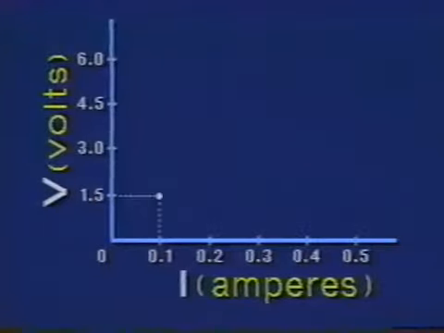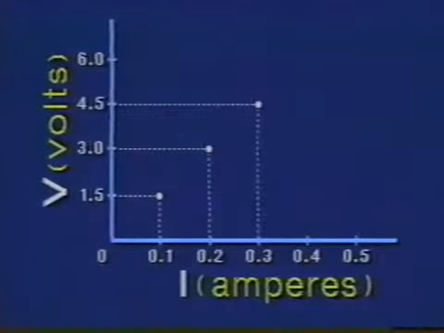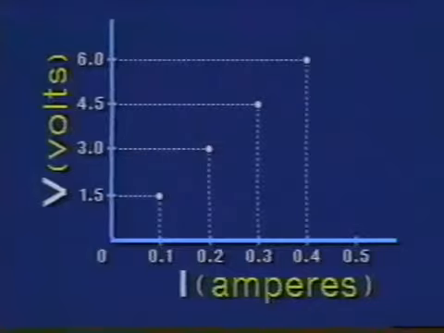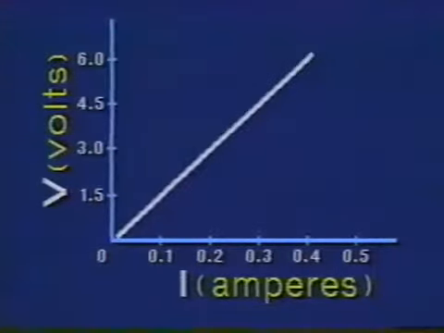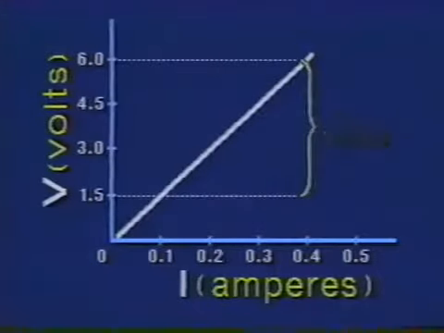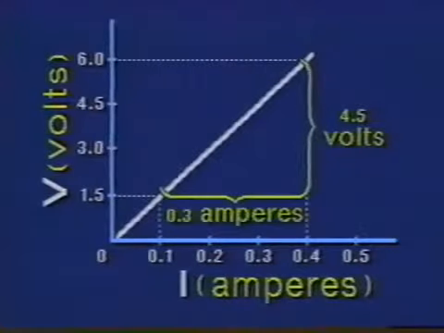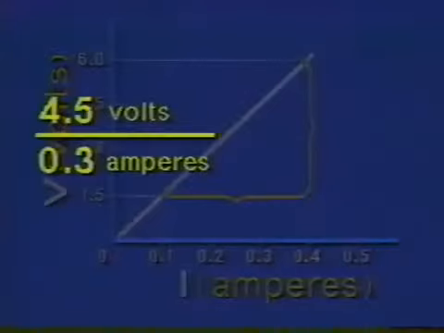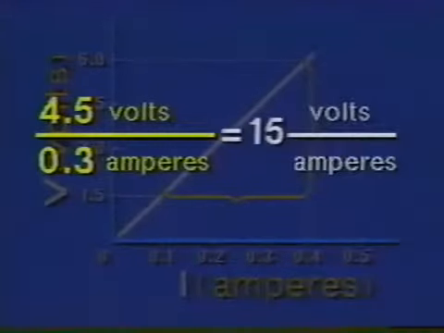If we record the potential difference and the current through the resistor, each time we change the number of cells, we find that a straight line results. Taking the increase in potential difference anywhere along this line and dividing it by the corresponding increase in current, we'll always calculate the same value in volts per ampere.